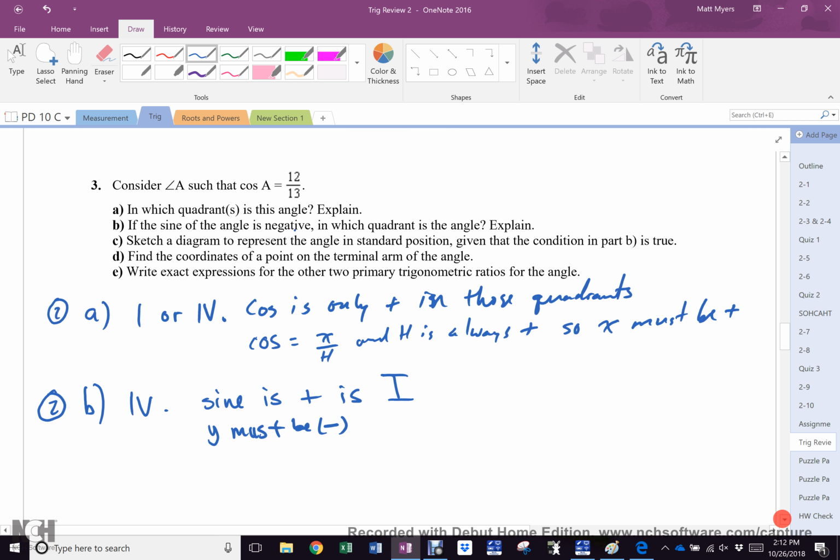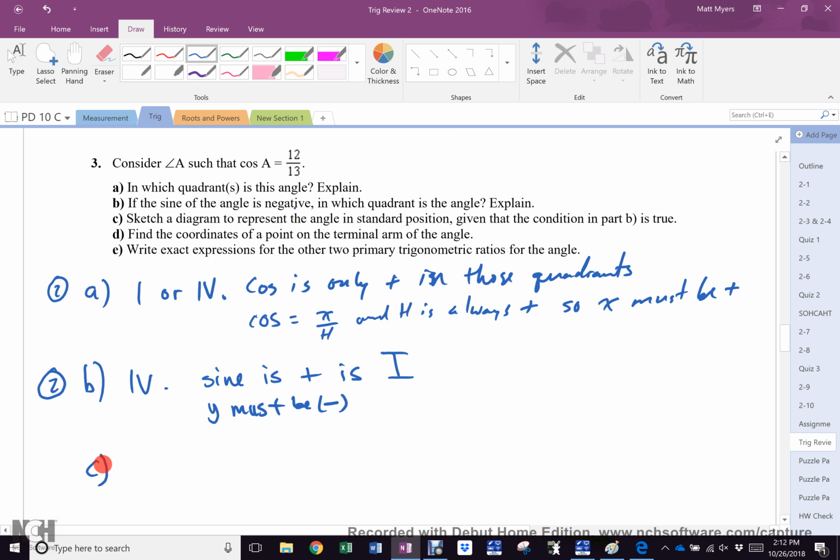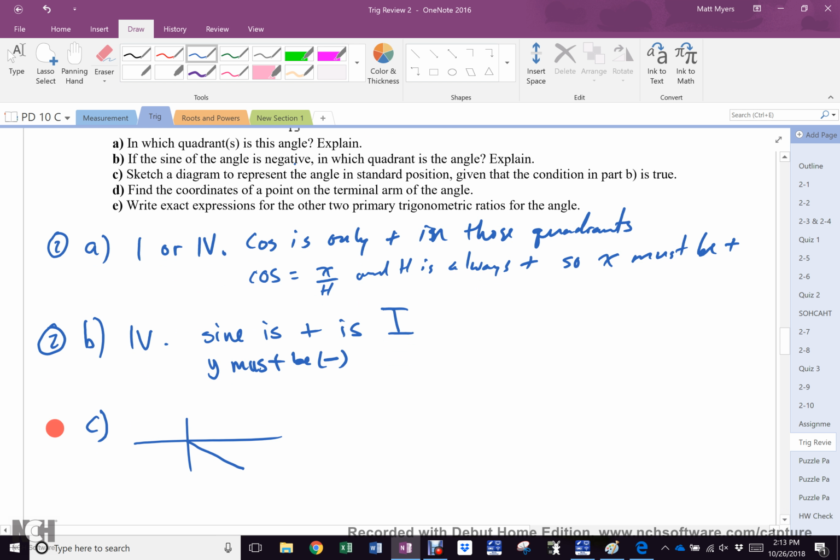C. Sketch the diagram to represent the angle in standard position. It must be there. Yes? For 1 mark. D. Find the coordinates. Well, I'm going to use the same drawing that I just had, yeah? And I'm going to use pink.